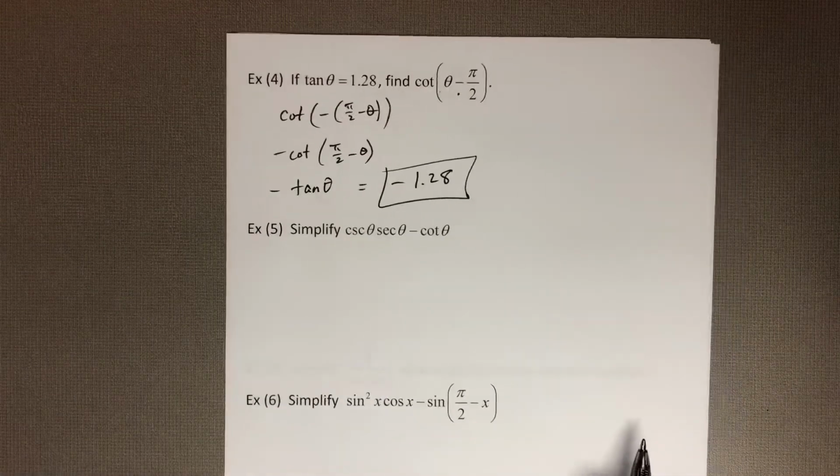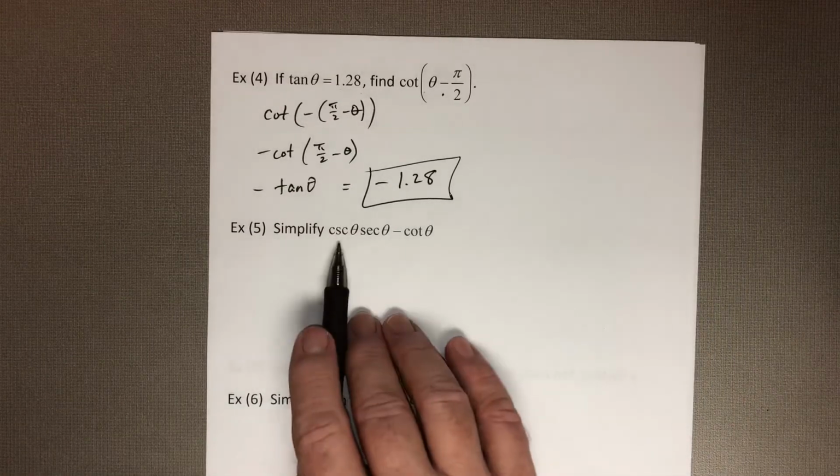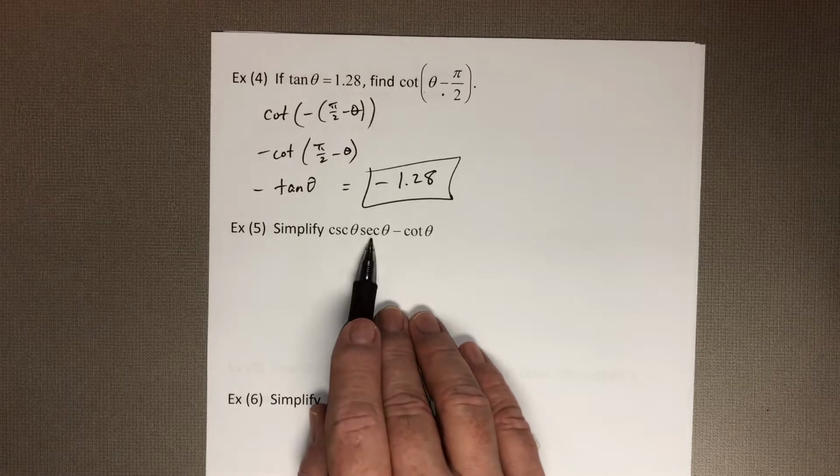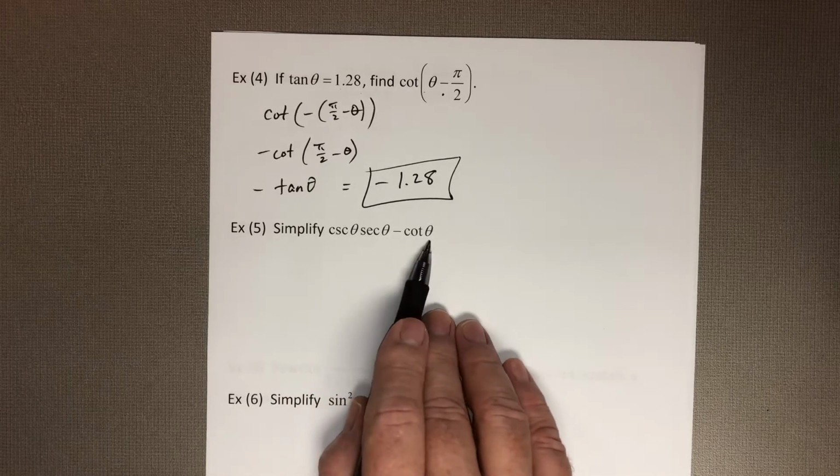Number 5 says to simplify the cosecant of theta times the secant of theta minus the cotangent of theta.